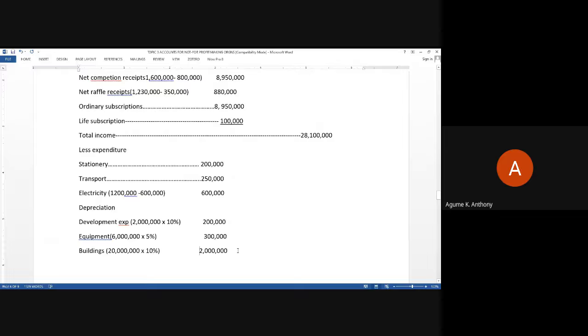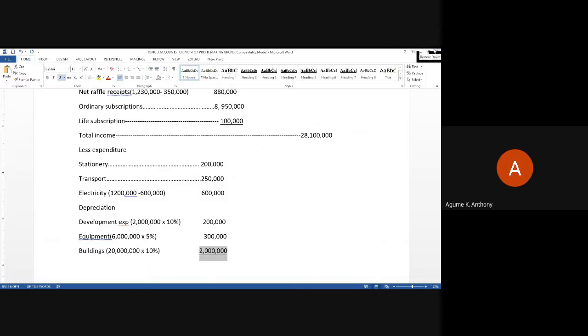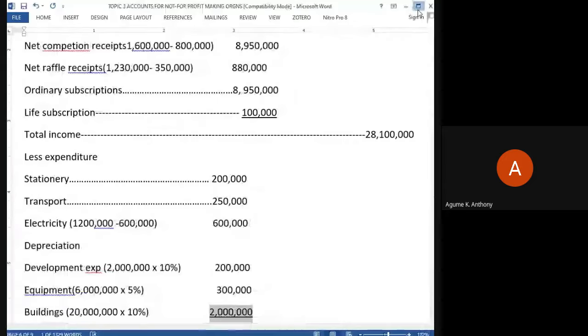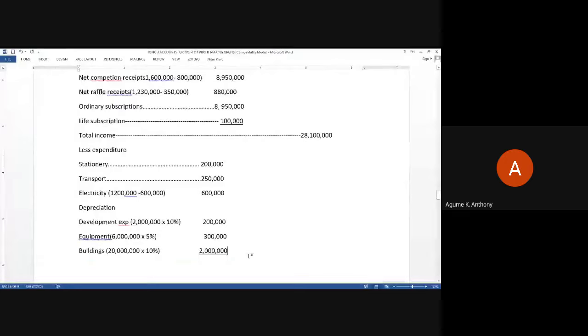So meaning that the total expenditure in this case is 3,550,000. So that means my surplus, because I can see now the income is greater than the expenditure.